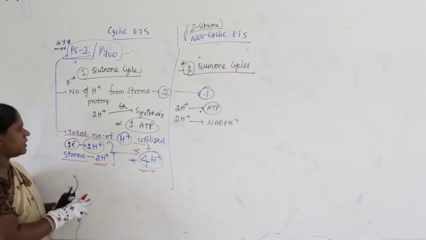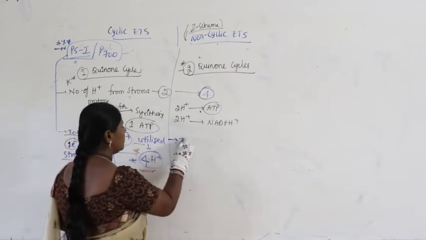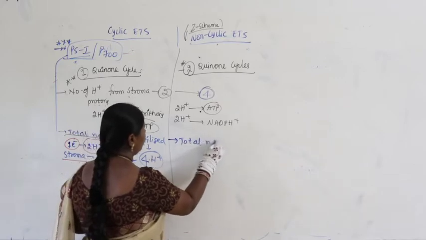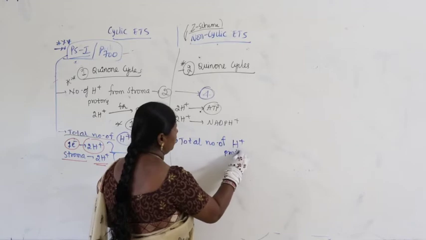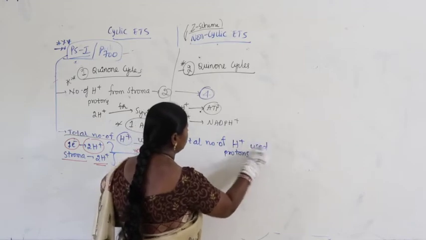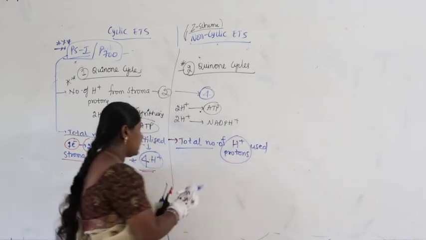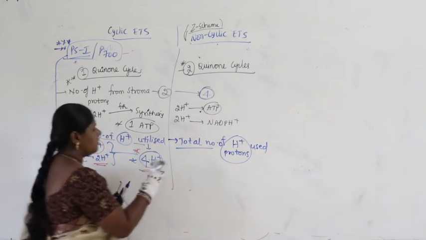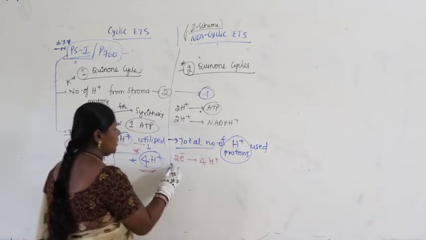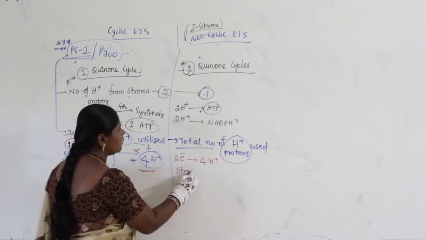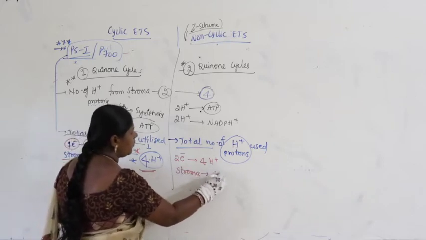Coming to the same question asked for non-cyclic, the total number of protons utilized or used in non-cyclic. So same thing here, but 2 electrons, altogether 4 protons, and stroma also gives 4 protons.